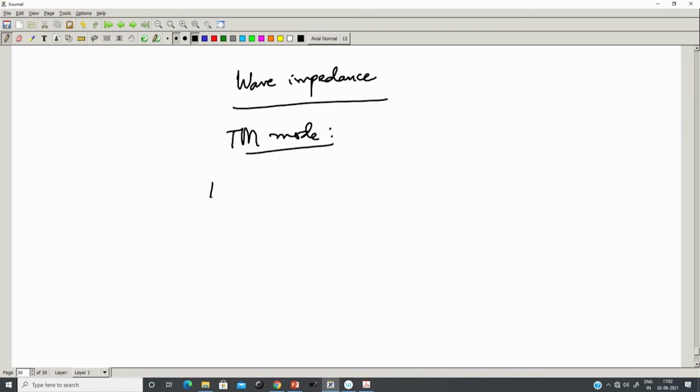For the TM mode we have E rho as 1 by j omega epsilon del square psi by del rho del z, and this we can find by substituting the appropriate psi function for the TM mode.